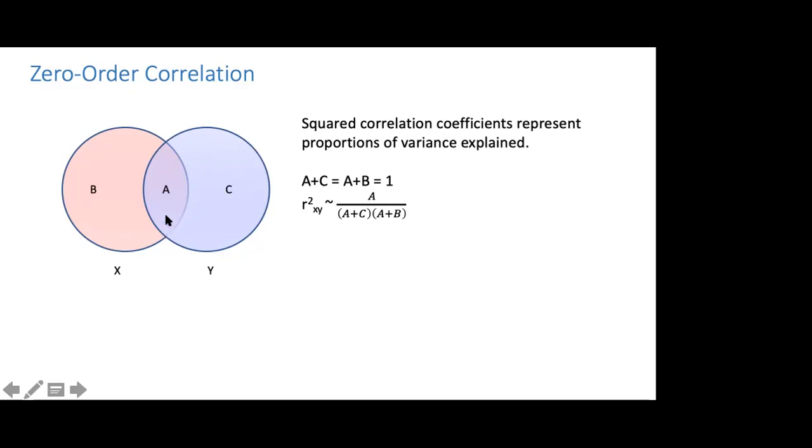Just to keep it in mind, it is how much of the total variance of Y is explained by X. That corresponds to this area A here in A plus C, so it's the entire circle, and the other way around. Of course it's symmetrical. So how much of the variance in X is explained by Y?